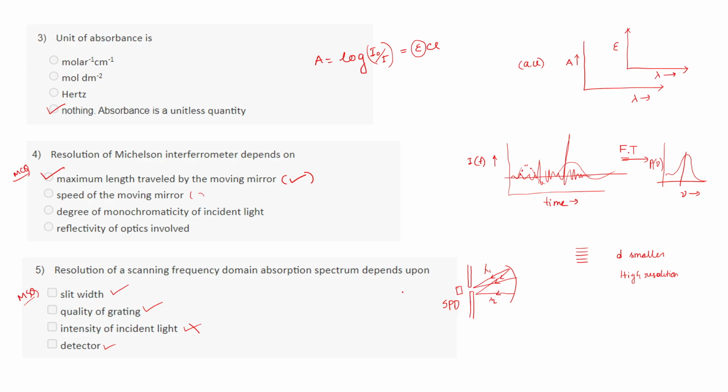The other is an array type of detector, where there are multiple spots, like a CCD, charge coupled detector. Do you think it plays a major role in resolution?